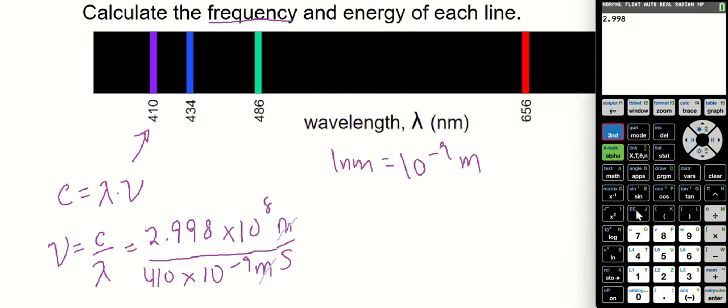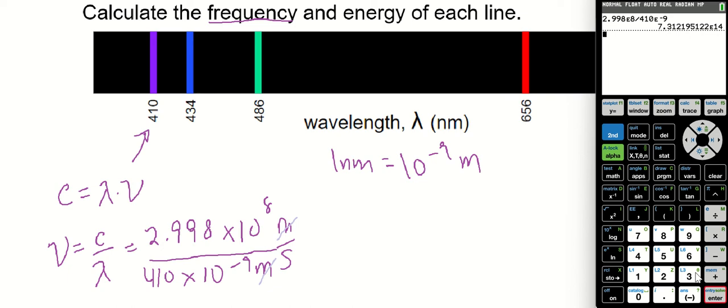2.998 times 10 to the 8 divided by 410 times 10 to the negative 9. All right, and we'll round that to, well, these are all on the same measuring device, and you know they have precision to the ones. So just because of that, if it was just 410, it would have two significant figures, but because these are all using the same measuring device, we know it has precision to the one.